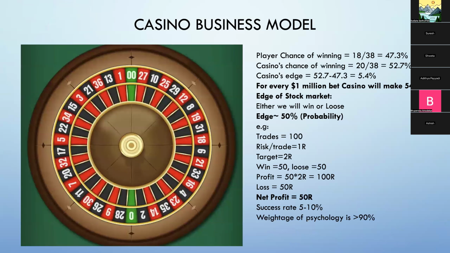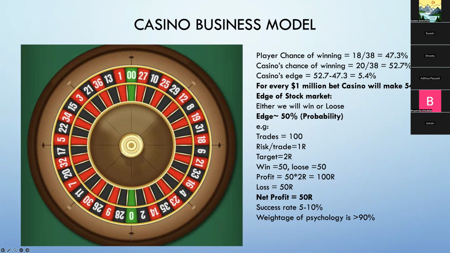So, what is the stock market business model? It is basically derived from the casino business model. How it works is like this, in a casino roulette model, there are a total of 38 slots. So what is the chance of a player winning?